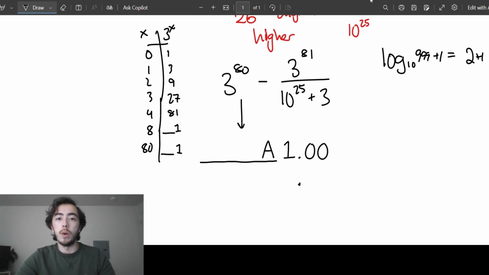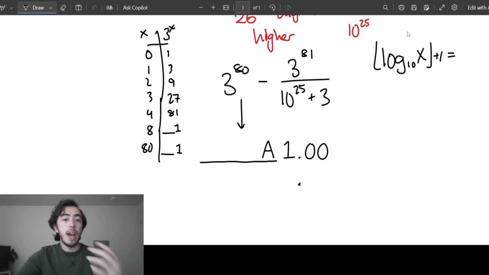It's still going to be 2 point something. So if I floor this, I'll still get the number 2. And then adding the 1 lets me get back to 3, because 3 is the same amount of digits as I see in this number here. So if I do log base 10 of x, any number, floor that value, add 1, this will be the number of digits I have in x.